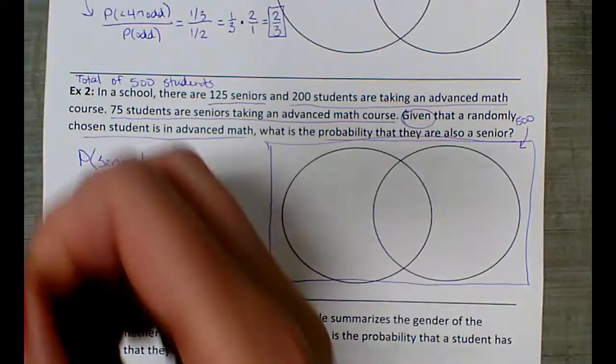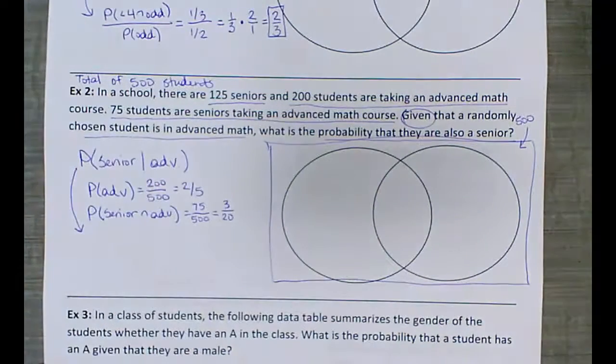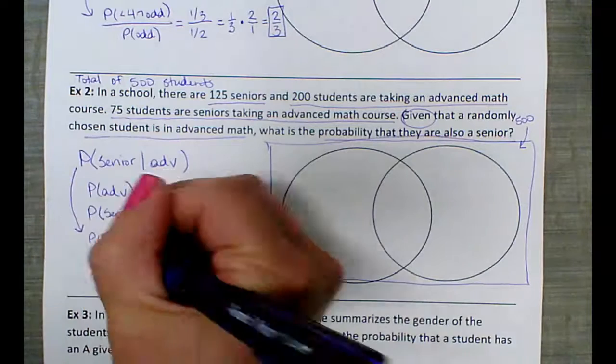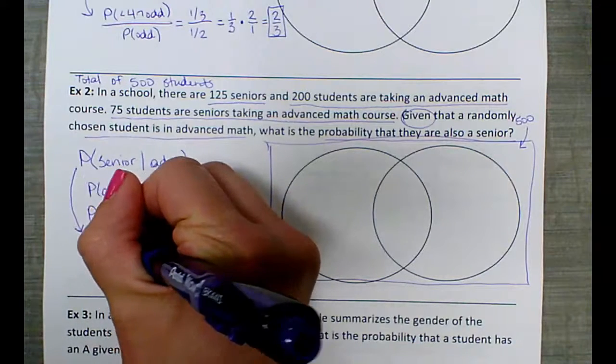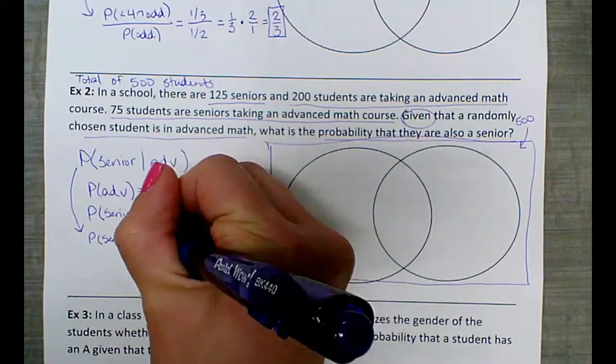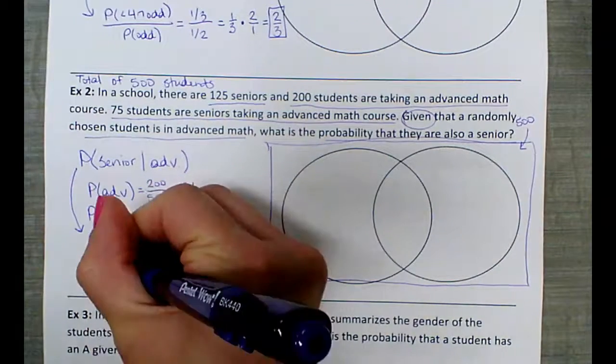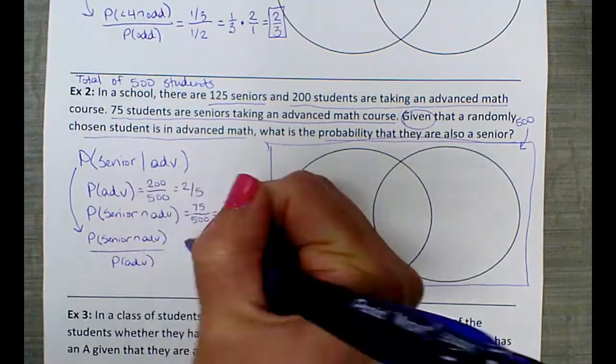So now I need to calculate the probability that your student is a senior given that they are in advanced math courses. So I need the probability of the intersection, that they're a senior and in advanced math, divided by the probability that they're in advanced math.